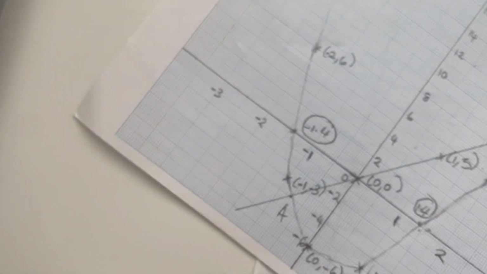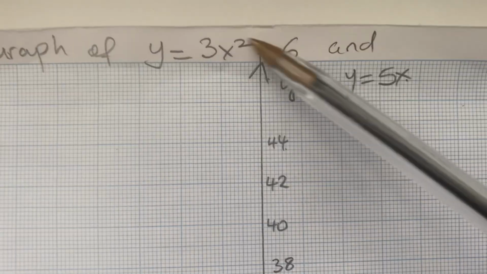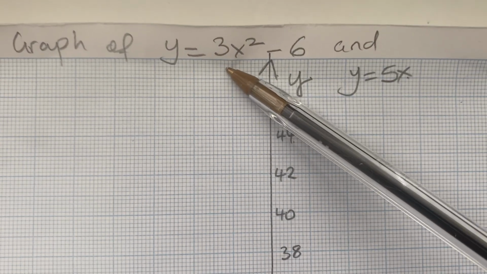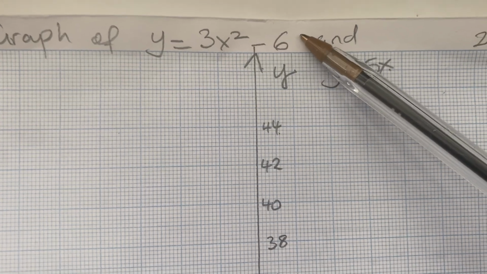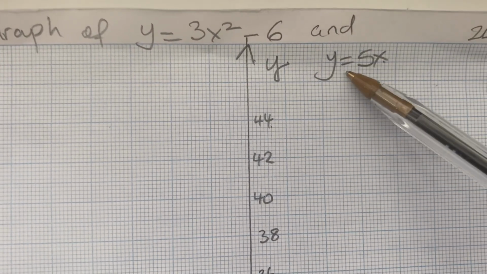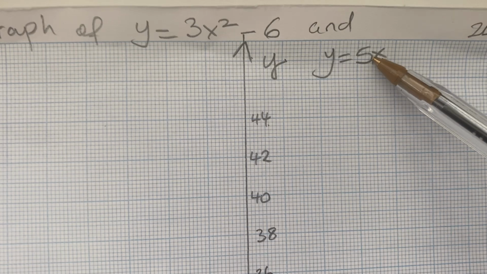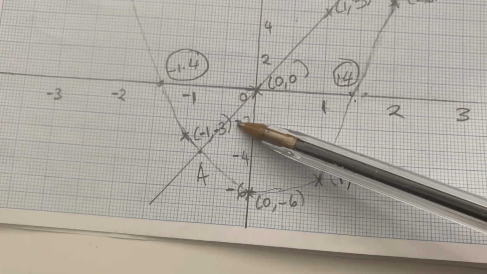That's why after reading the whole question, I drew a graph of y equals 3x squared minus 6 and y equals 5x. So 5x will be a straight line graph going through the origin.